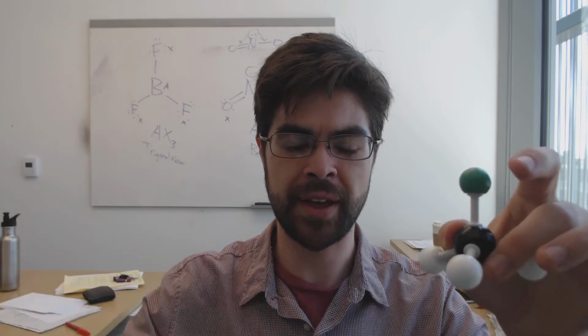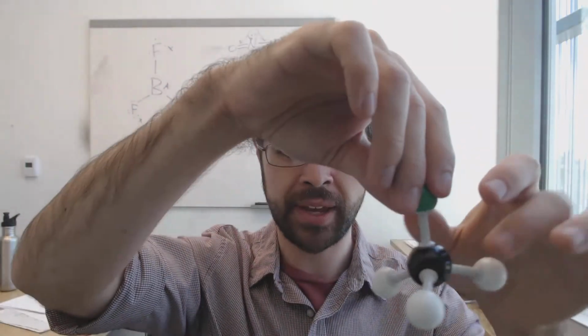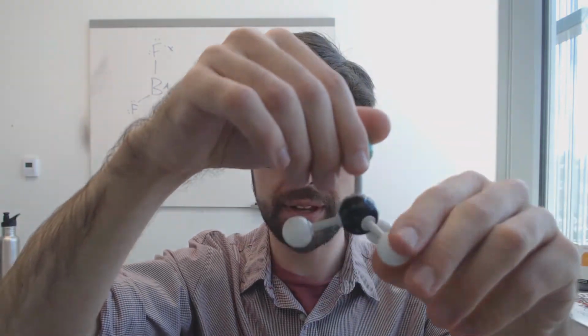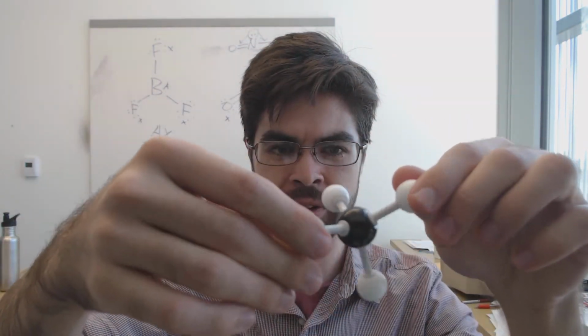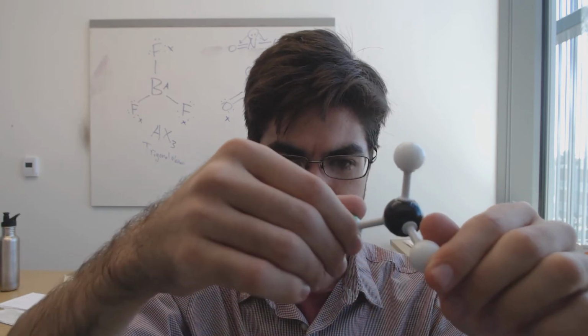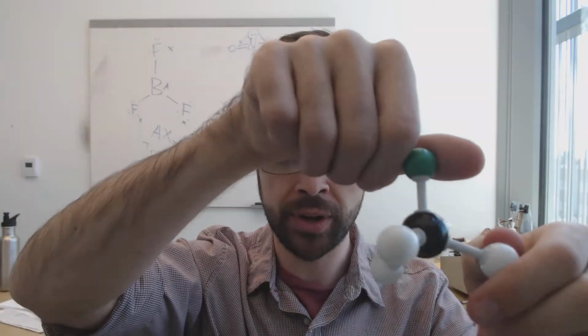So, for example, if I was going to do methane, let me show you a methane molecule. Whether I'm looking at a hydrogen here, or a hydrogen here, or a hydrogen here, all of these positions are essentially identical. There's tetrahedral symmetry, or four-way symmetry around every single one of these.